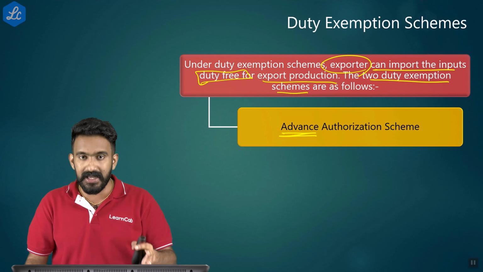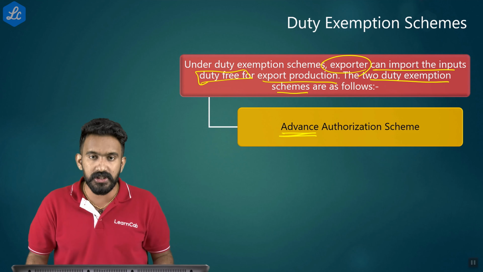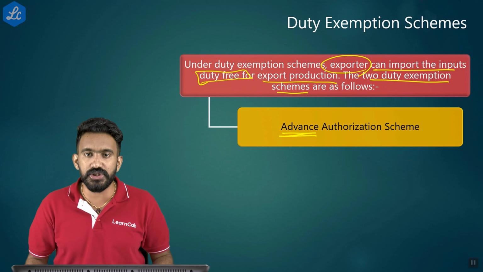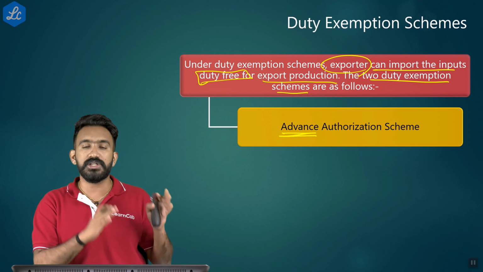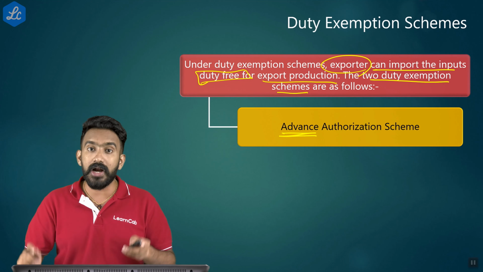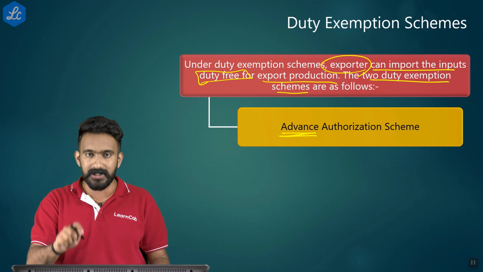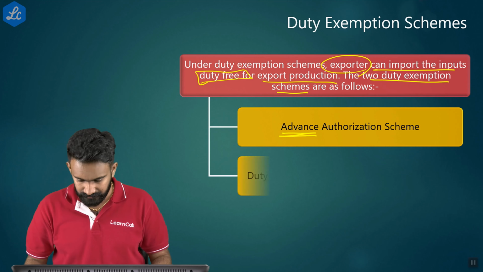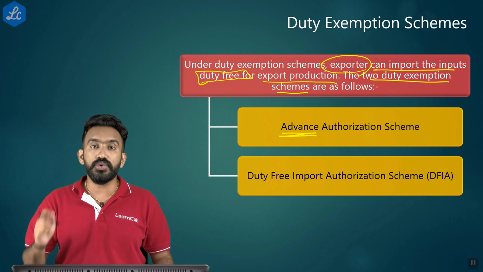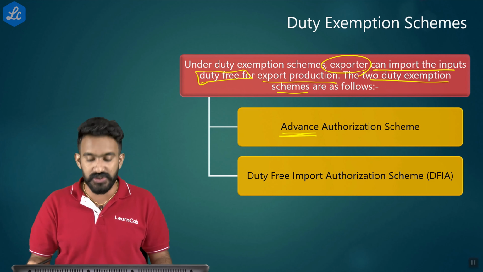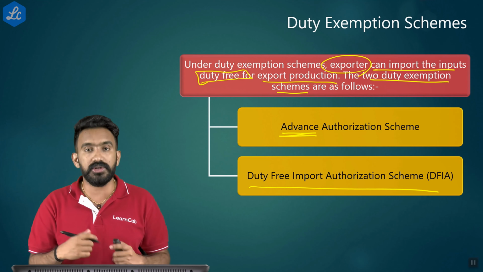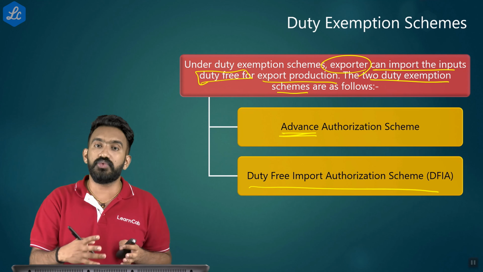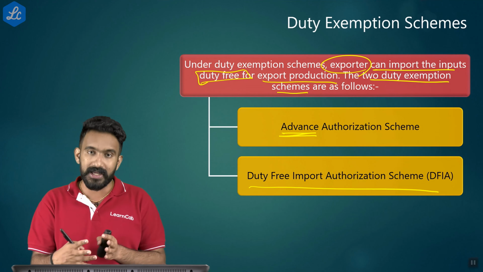They will ask you to make certain export obligations. If you make those export obligations, then no problem, your imports are duty free and that remains. So the Advance Authorization Scheme is one scheme that we will have to learn in detail. The second one, the Duty Free Import Authorization Scheme, is also very close to this, but this scheme will be available for you after you make an export.